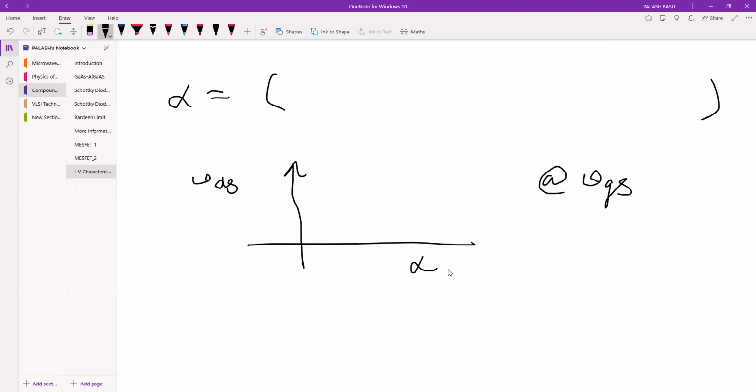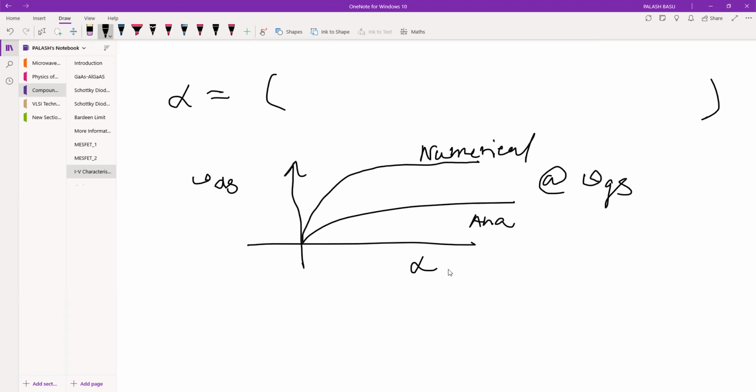They have plotted and they have seen this is numerical, and they have said that it is kind of analysis or experimental data. So that is the dependency they got.